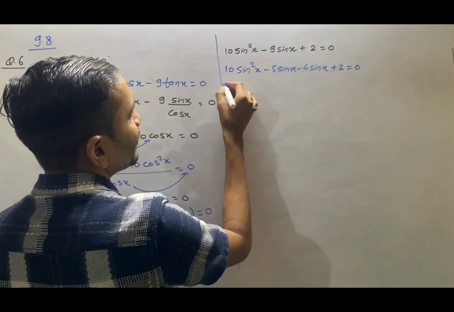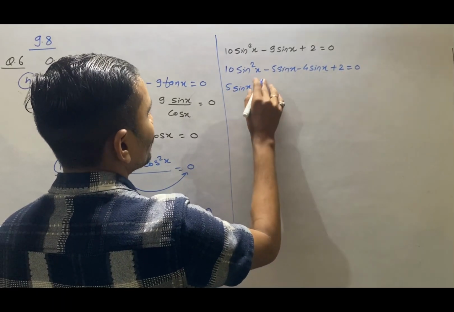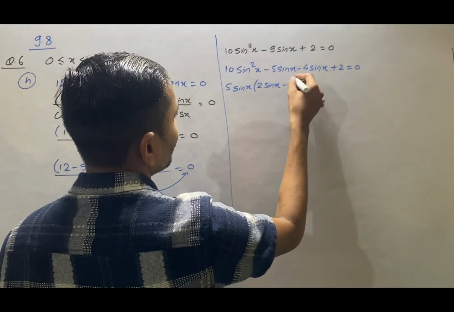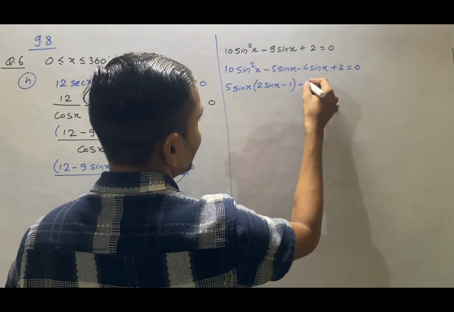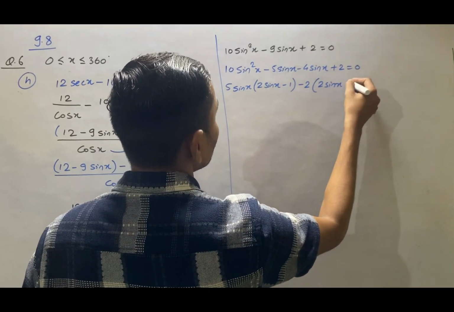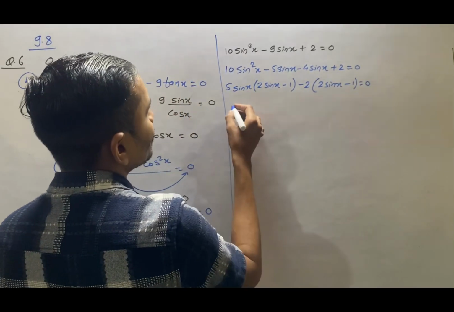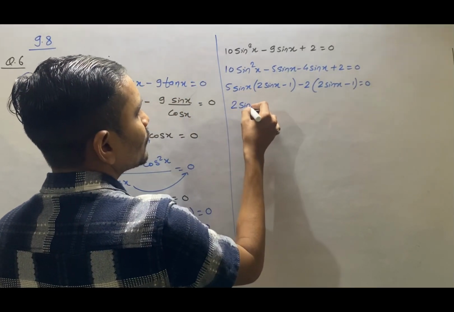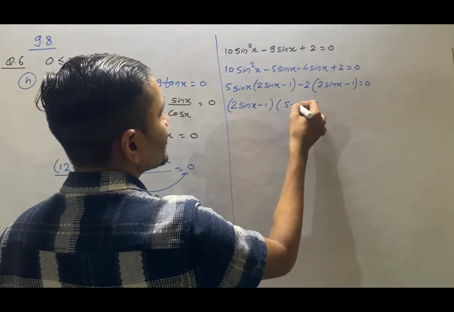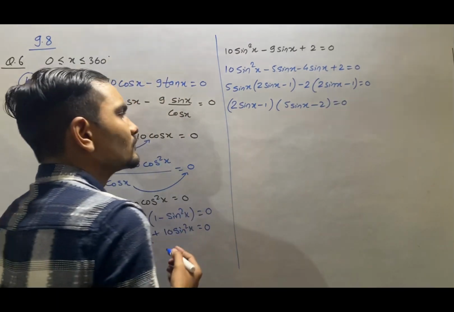So from here we will take 5 sine of x common, so we are left with 2 sine of x minus 1, and from here we will take 2 common, so 2 sine of x minus 1 equals 0. So 2 sine of x minus 1 or 5 sine of x minus 2 equals 0.